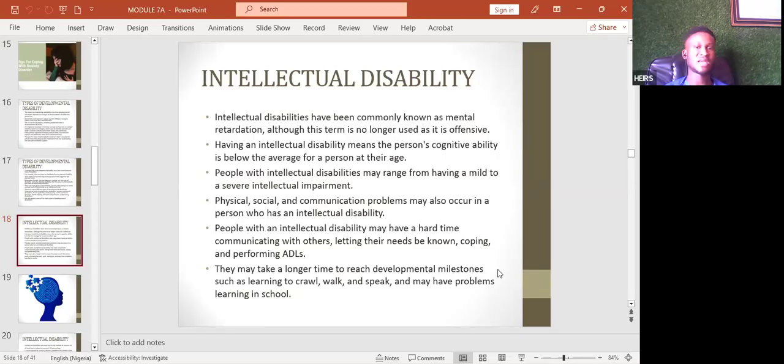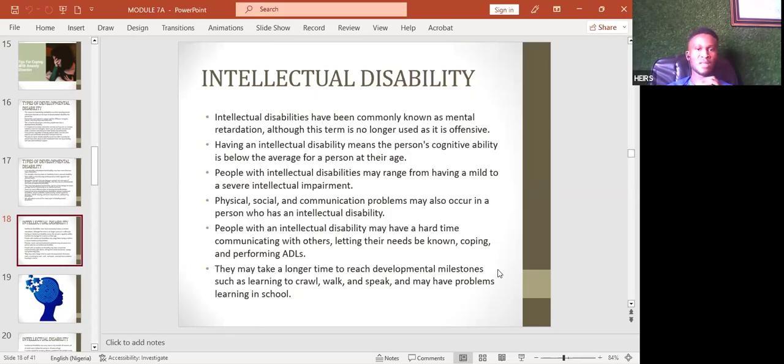But people who are extremely below average, that is severe. So the lower the person runs down the scale, the worse we categorize them. I hope you understand that.